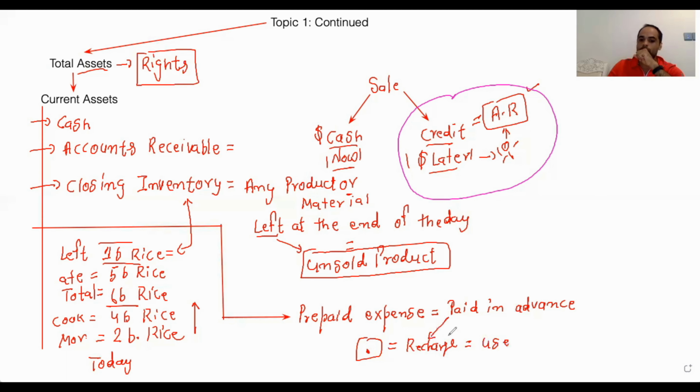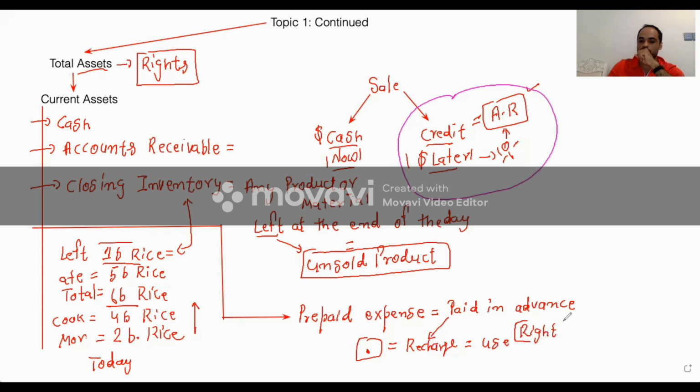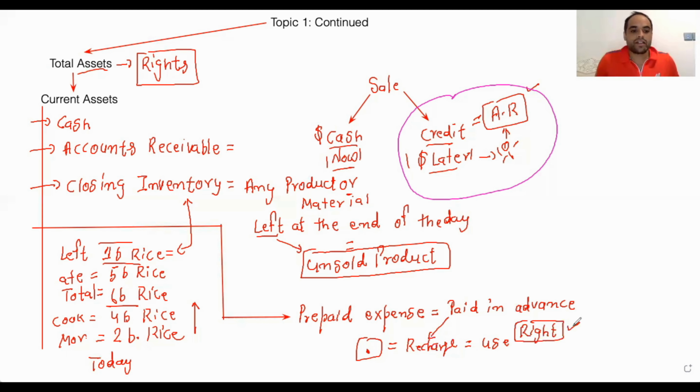Once you paid money in advance, you bought a right. You bought a right to use. That's the meaning of prepaid. That becomes your asset. Why? Because you have a right to use it. Exactly the same thing happens with your studies. In universities, you have to pay tuition fees in advance, right?